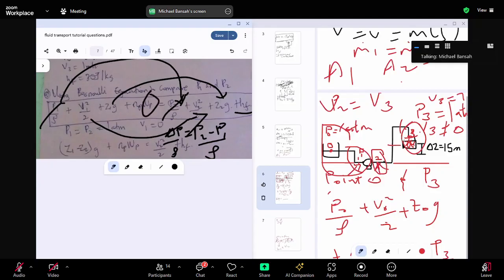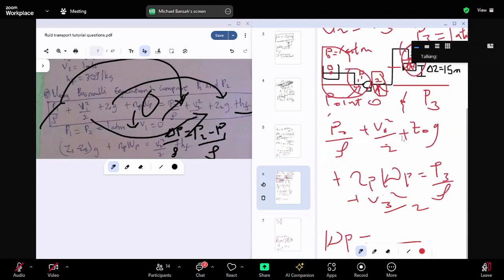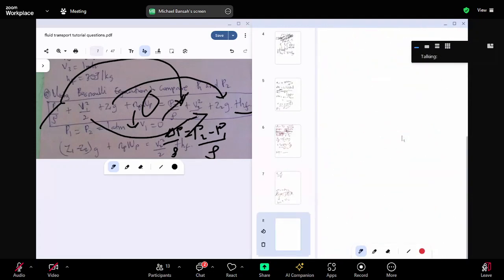WP, we have calculated it. Efficiency, we know. Let me see whether I can write that formula down so that we pick it from there. So currently what we have is change in P, that's P2 minus P1 over rho, plus change in V squared. Bear with me if I'm using a shortcut, but I believe you understand what I'm trying to say.